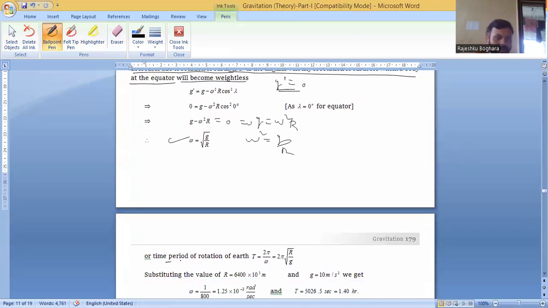For time period of rotation of the earth, now we take 2 pi by T equal to omega equal to under root g by r, then T equal to 2 pi under root r by g.